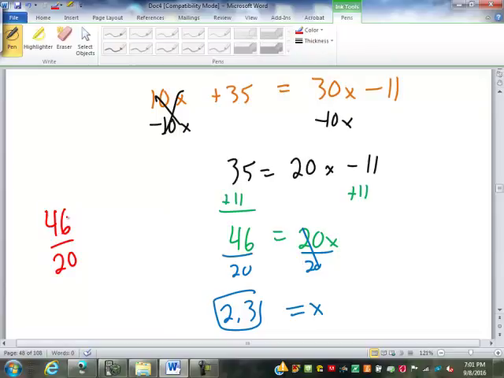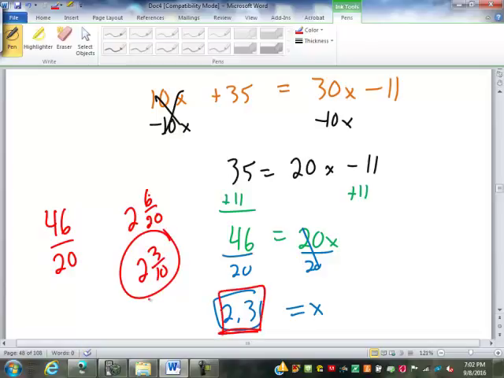We can just turn our division into a fraction, then reduce 46 and 20. 20 goes into 46 2 times with 6 left over. And the 6 and 20 can both be divided by 2. Give me 2 and 3 tenths. So x is either 2.3 or 2 and 3 tenths. They're the same equivalent numbers, just in different forms.